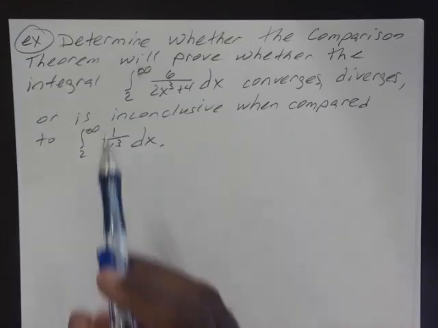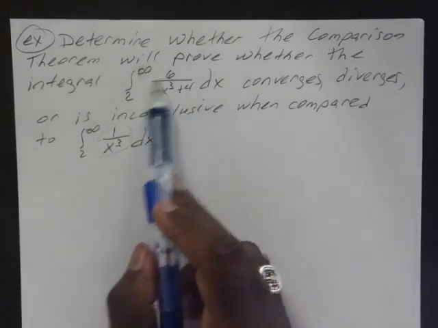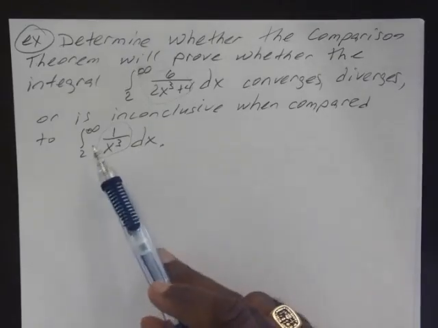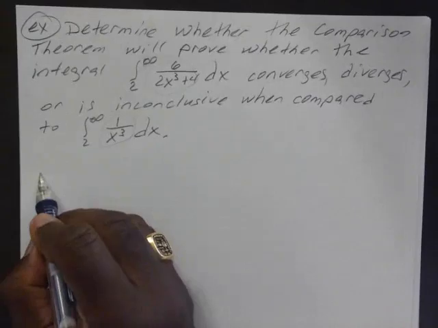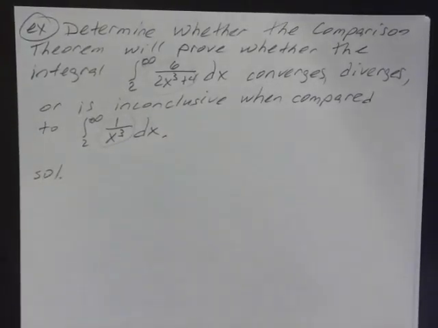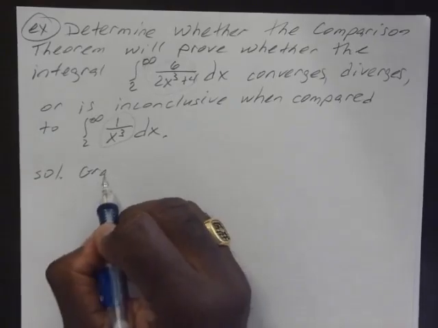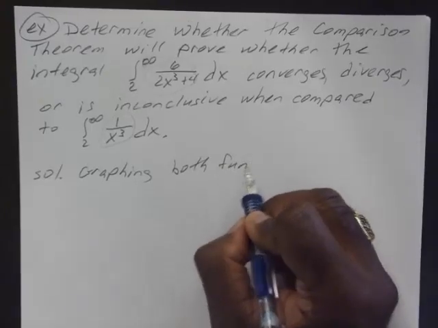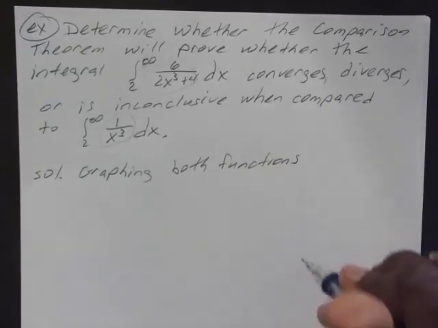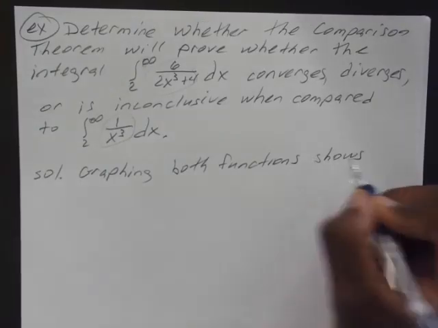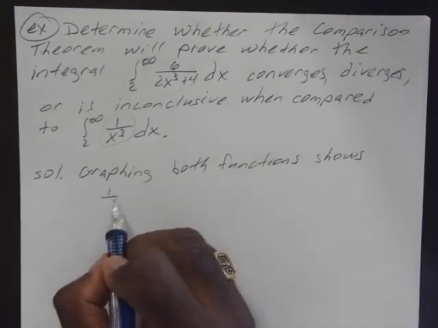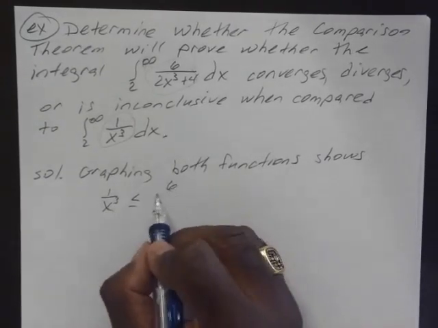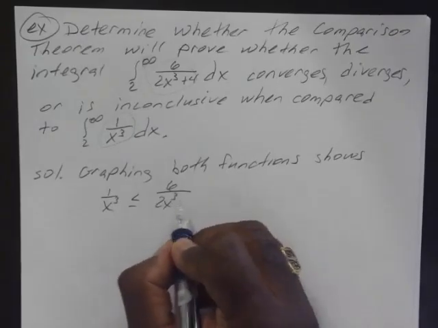Okay. So again, first thing you want to do is just graph both of your functions to see which one is greater than the other over the interval, in this case from 2 to infinity. Okay, so we know that graphing both functions shows that 1 over x to the third power is less than or equal to 6 divided by 2x to the third power plus 4.